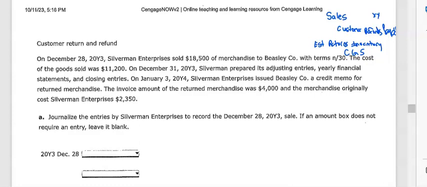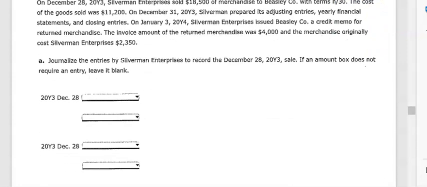Now, all they're asking us to do is actually process a return from a particular customer. Okay, first things first, they ask us to record the sale. On December 28, Silverman Enterprise sold $18,500 of merchandise to Beasley, with terms net 30, so it was on account. So that's accounts receivable and sales.